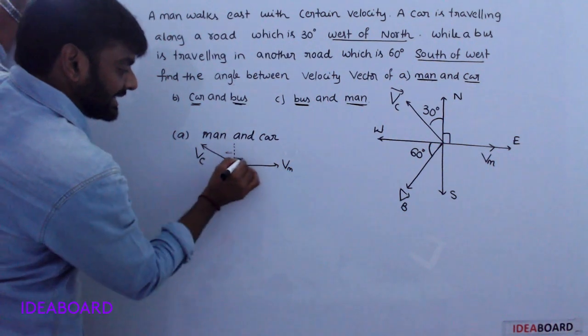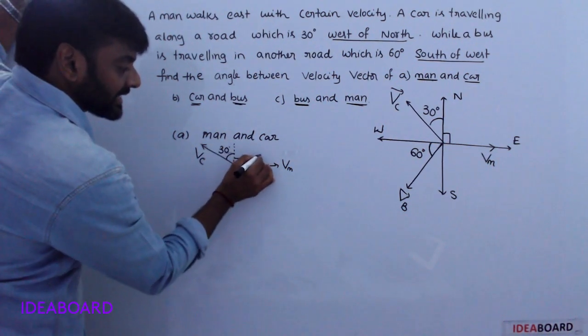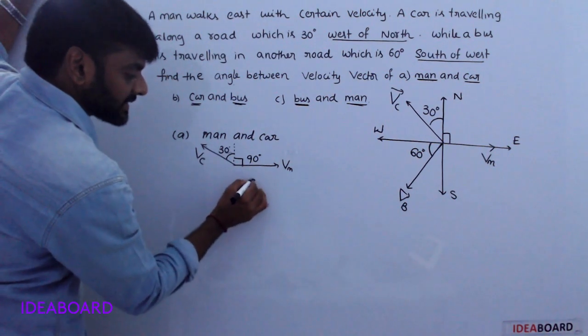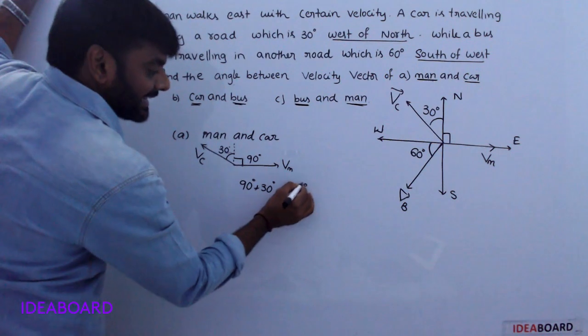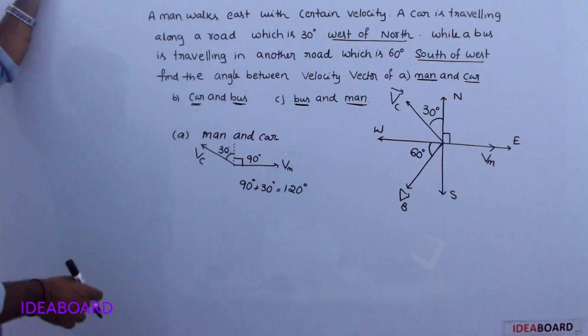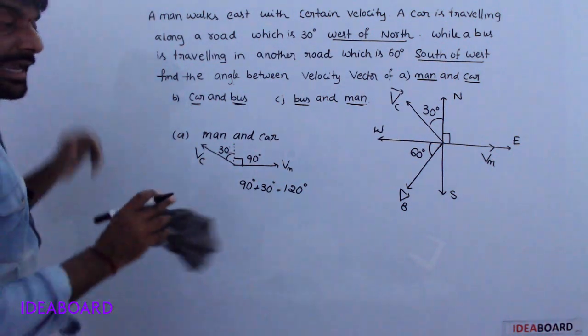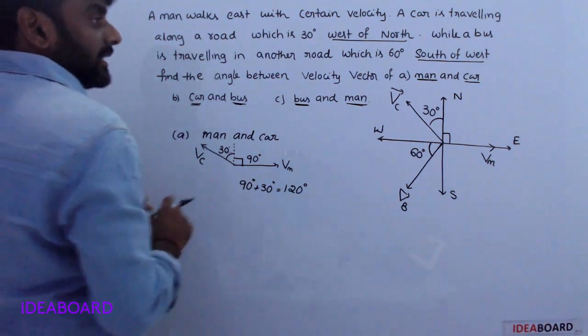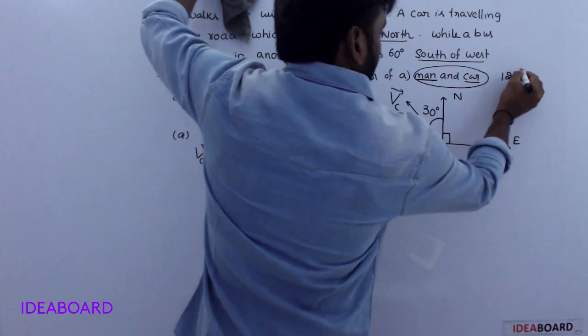This one is car. It is 90. This angle is 30 degrees. So 90 plus 30. 90 degrees plus 30 degrees is equal to 120 degrees. Man and car, what is the angle here? 120 degrees. Understood? Okay. For the first one, the angle is 120 degrees.